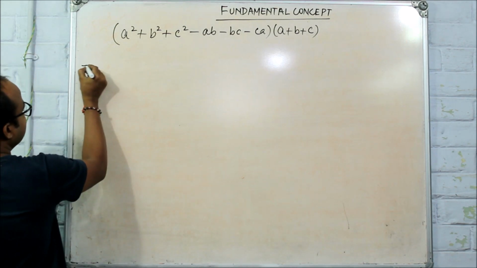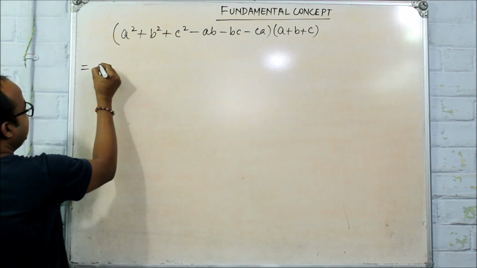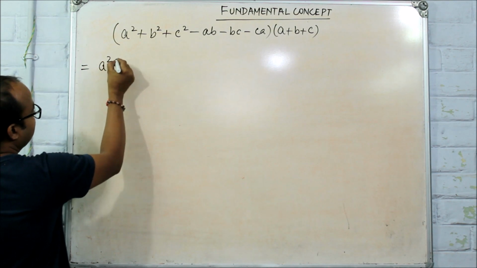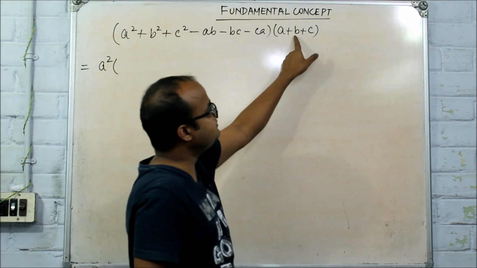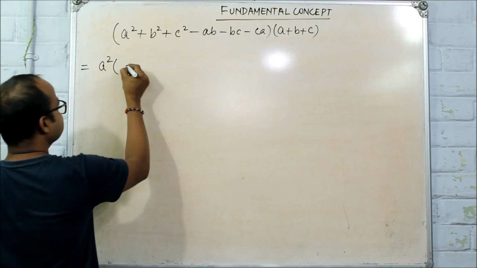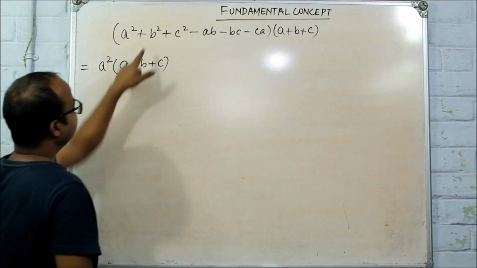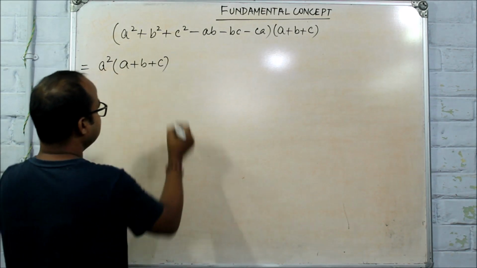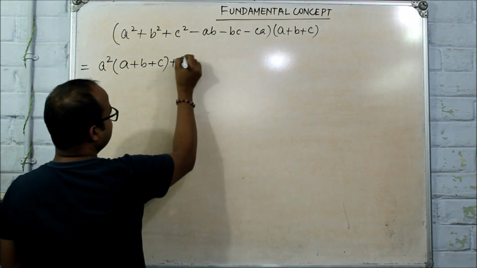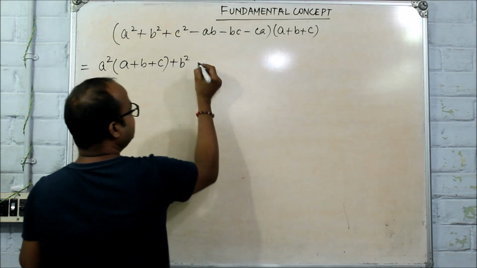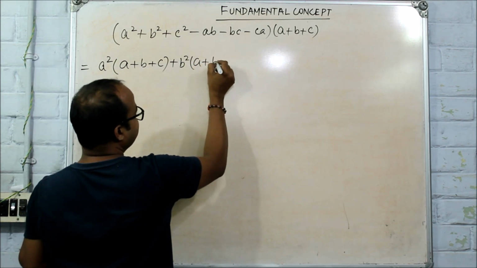I am going to do it with the row method. So the first term is a square multiplied by a plus b plus c. The second term is plus b square, and it also multiplies with a plus b plus c.